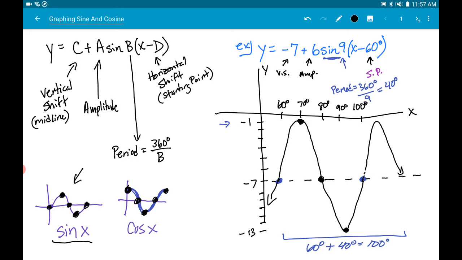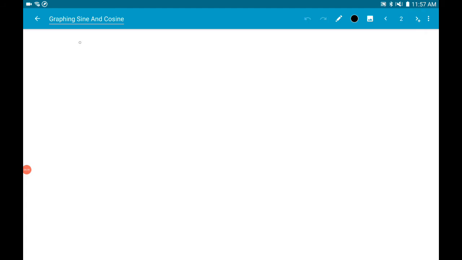All right, so we got a decent graph there. I'm going to do one more because that one was a little rough around the edges. So let's do one with cosine now. Let's go, I don't know, 20 plus 10 cosine 1/4 x plus 180 degrees.